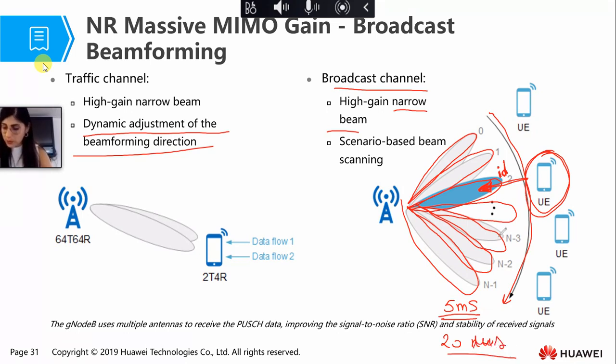So every 20 milliseconds, we have 5 milliseconds of sweeping in which our broadcast channel is sent on different beams and different instants of time. So we can also improve the signal to noise ratio.